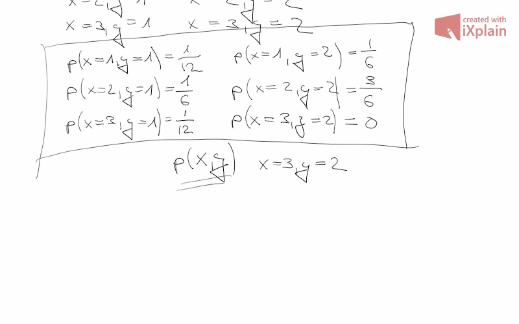How many of these samples will have the form x equals 3 and y equals 2 when I sample from it?